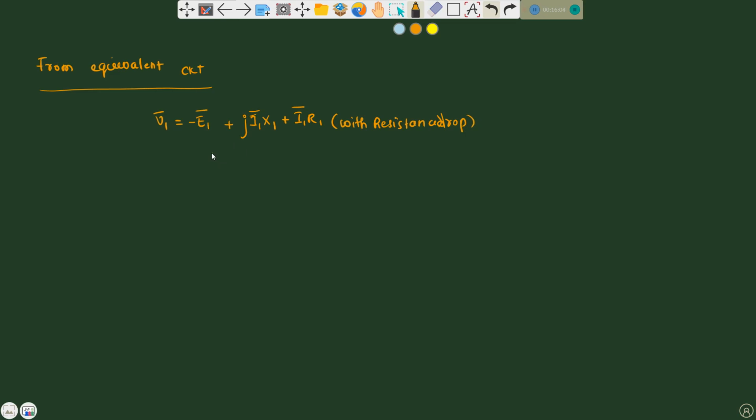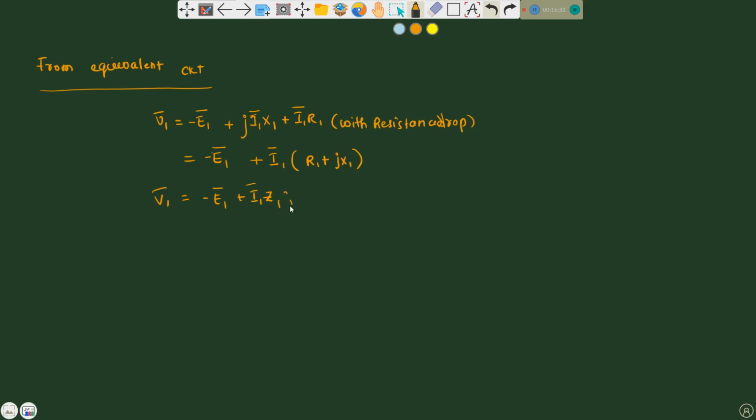Then we have the winding resistance drop I1 R1, so minus E1 plus I1 vector. If you take it common, we are left with R1 plus jX1. So V1 vector equals minus E1 vector plus I1 Z1. This R1 plus jX1 we consider as an impedance.